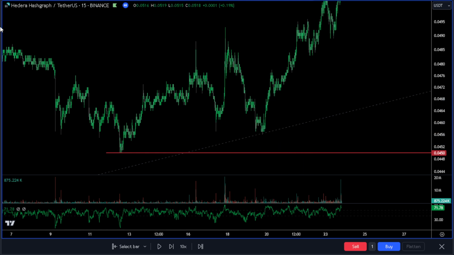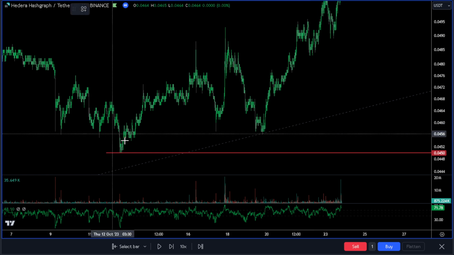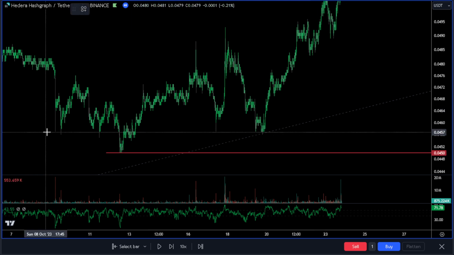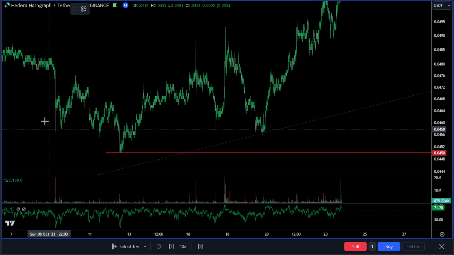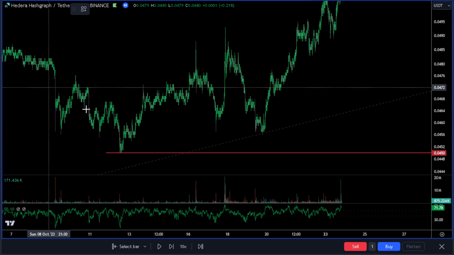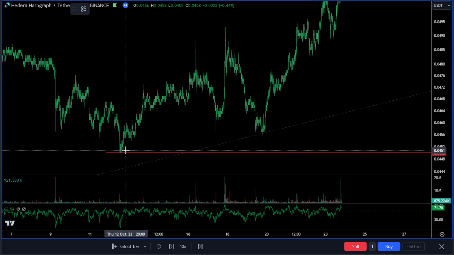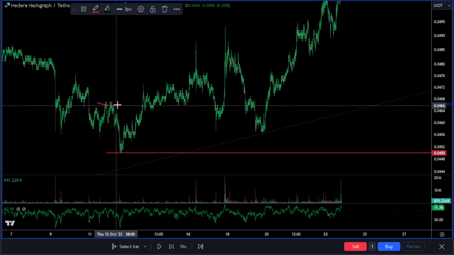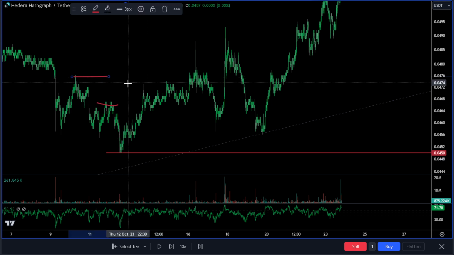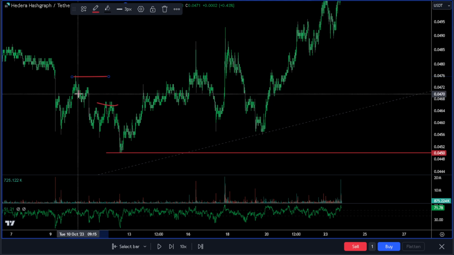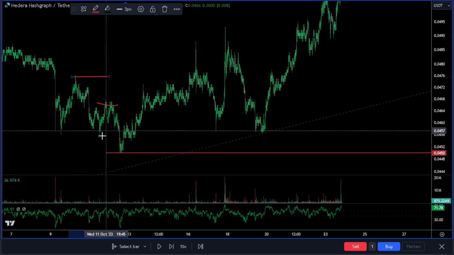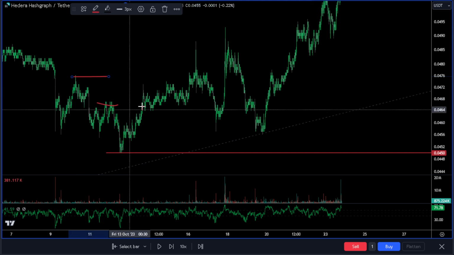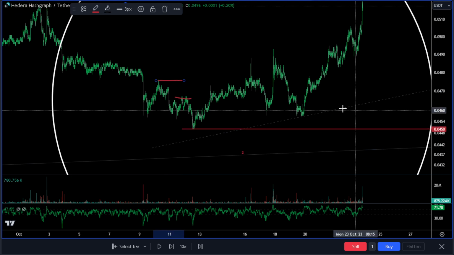Okay, so down on the hourly, in real time, I'd be waiting for this bottom to break this level first, then this level. This is a pretty tough count. 1, 2, 3. This is part of a diagonal, most likely.